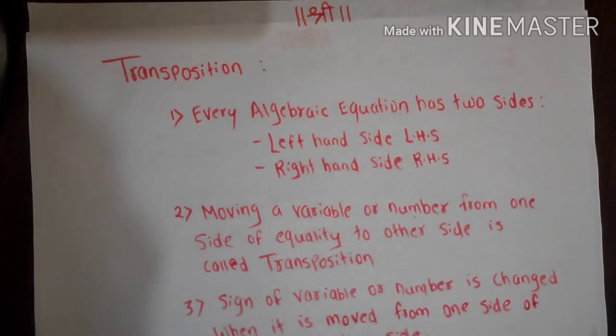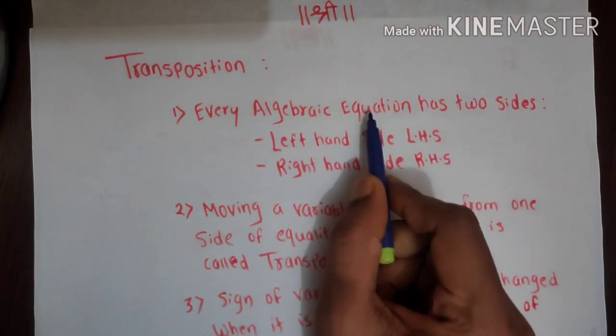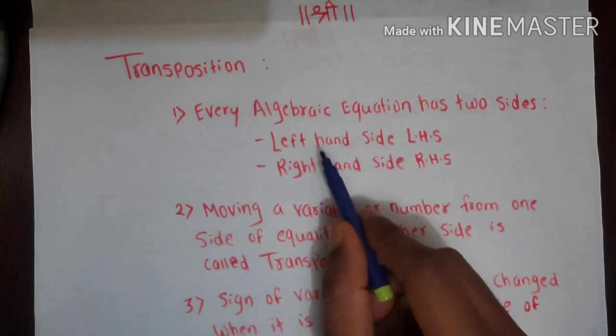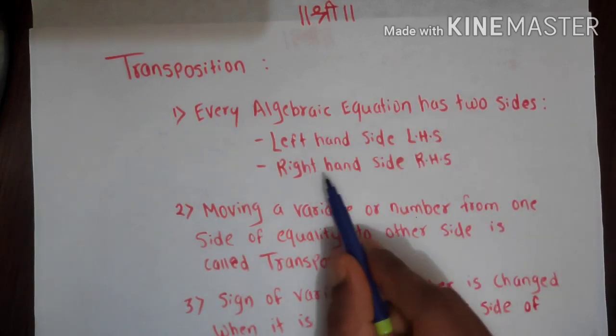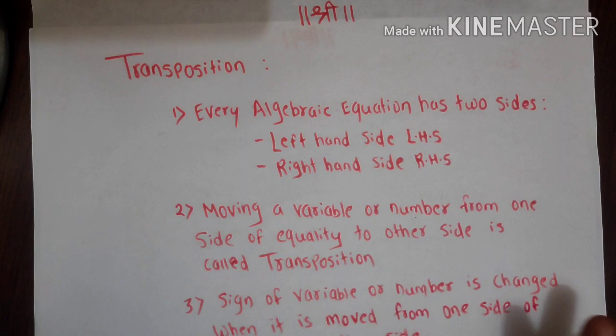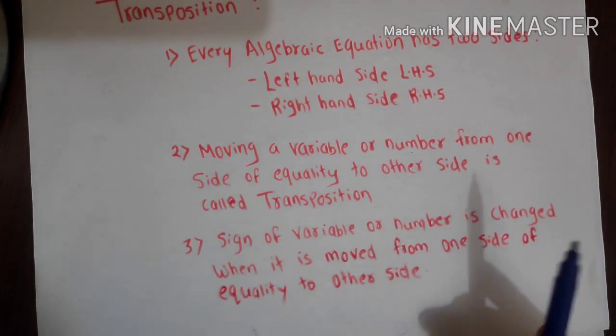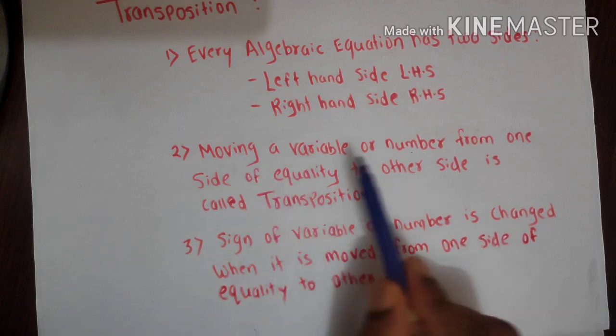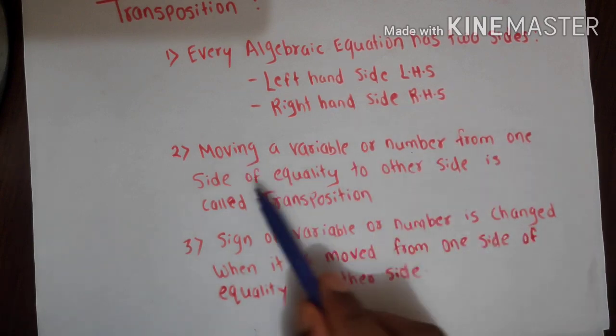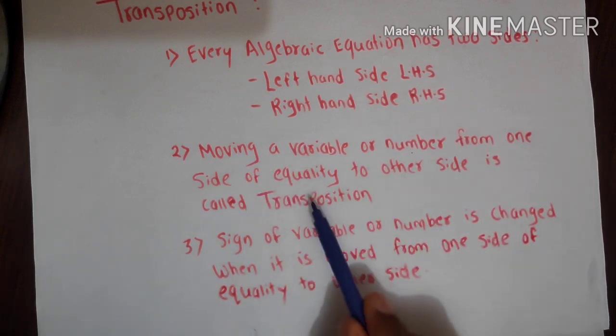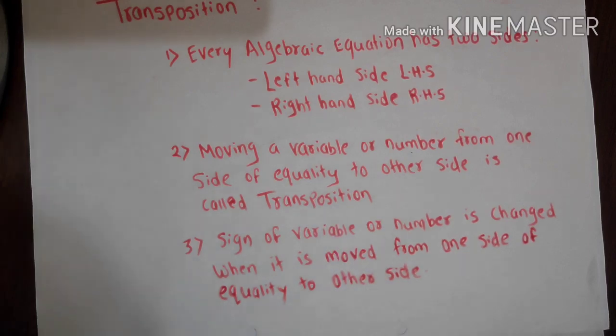As we already discussed, every algebraic equation has two sides. Left hand side, that is LHS, right hand side, that is RHS. Second point is the definition of transposition, that is moving a variable or a number from one side of equality to the other side is called transposition.